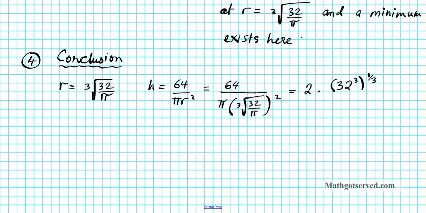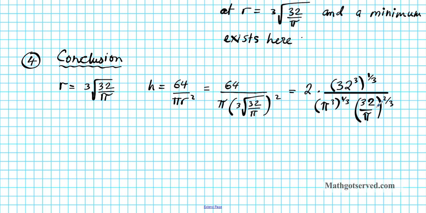And on the denominator, pi can also be written as pi to the third raised to the 1/3, because they just cancel out. And this part I can write as 32 over pi raised to the 2/3. The reason I did this is I want all the denominators of the fractions to be identical. Basically, I want them to all be threes.